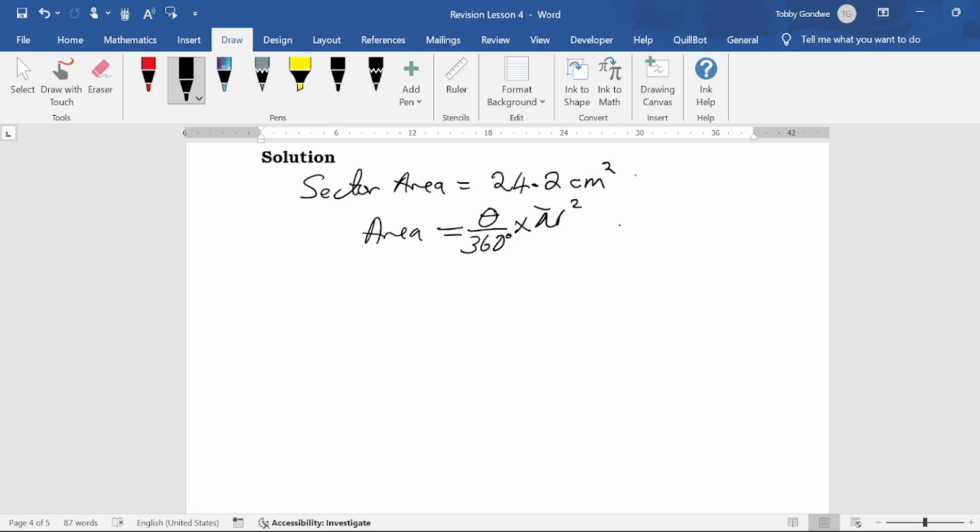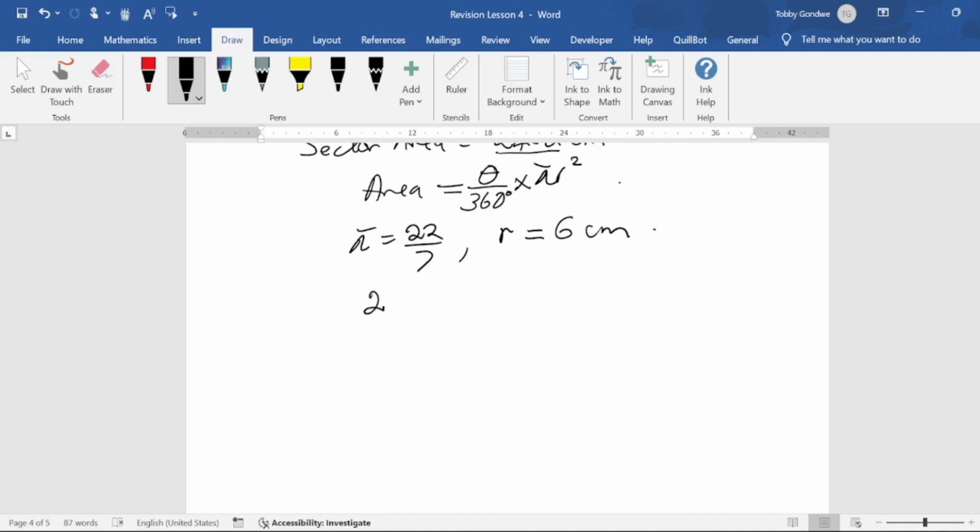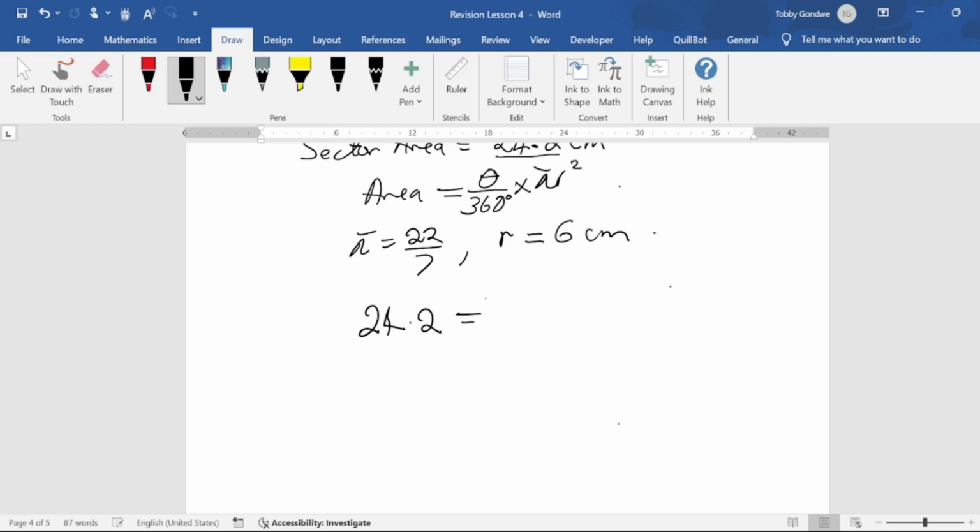So from here, we have the sector area, we also have the pi value given as 22/7, and we are also given the radius as 6 centimeters. So when we substitute all these values, because we're trying to calculate theta, the area 24.2 is equal to theta over 360, multiplied by pi, which is 22/7, multiplied by the radius, 6 squared.